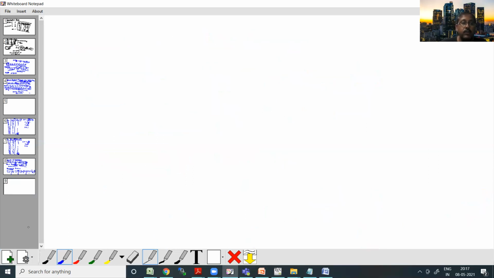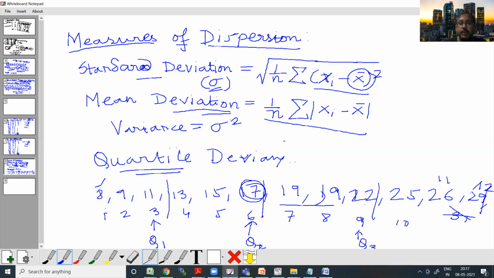Now, what do we do to find out the quartile deviation? The formula for quartile deviation is pretty straightforward. What we do is half of Q3 minus Q1. So what is the value of Q3? Here we see that the Q3 value is 22. So 22 minus the Q1 value, which is 11, and then divided by 2.